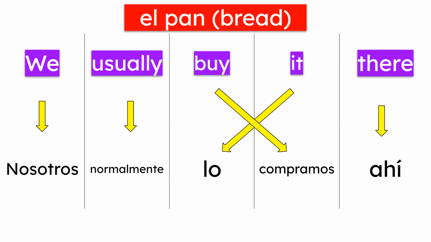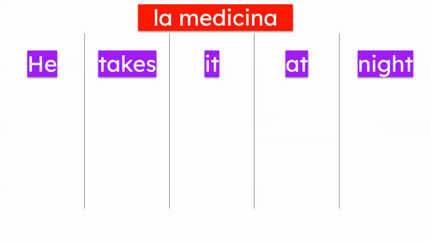Very good. Next sentence. He takes it at night. And in this case, we have la medicina, which is medicine, and it's a feminine word. So pretty easy, right? He, él, what comes next? Take, no. What comes next is it.